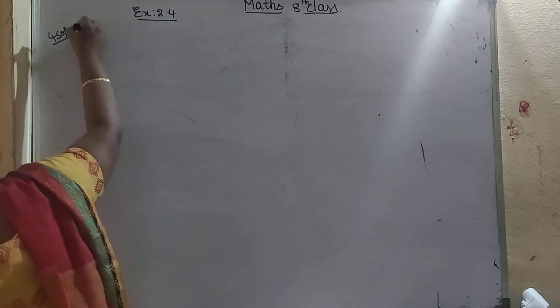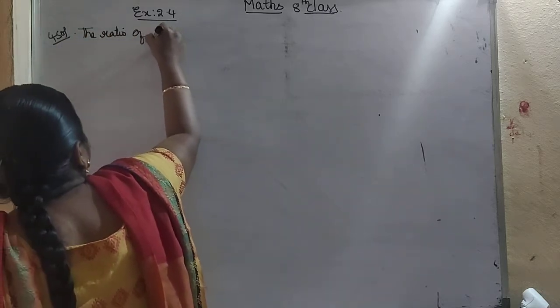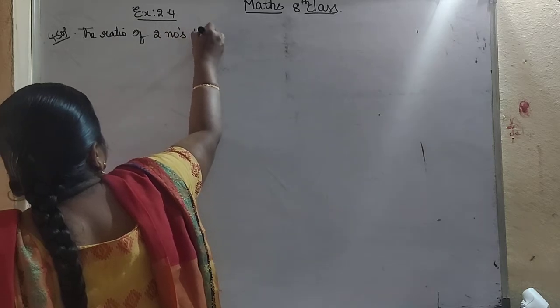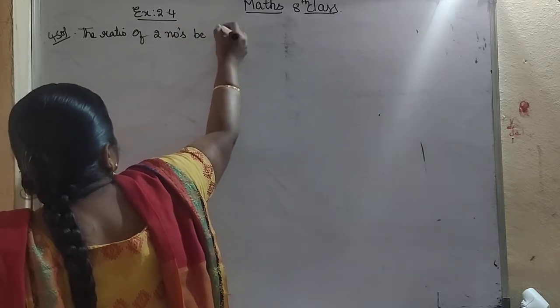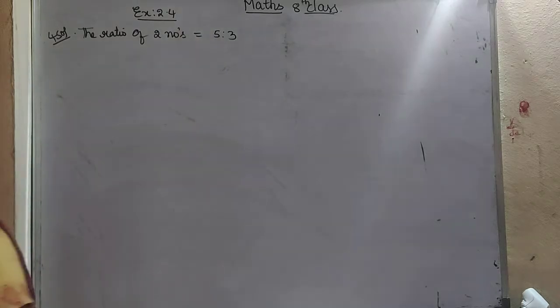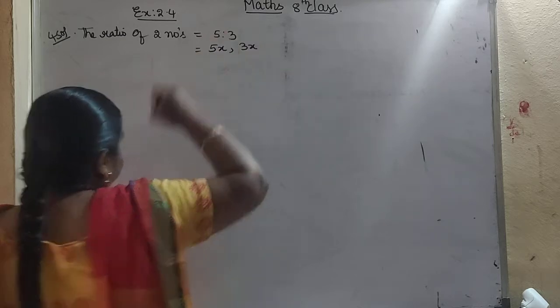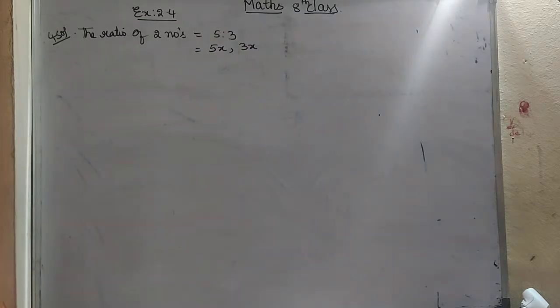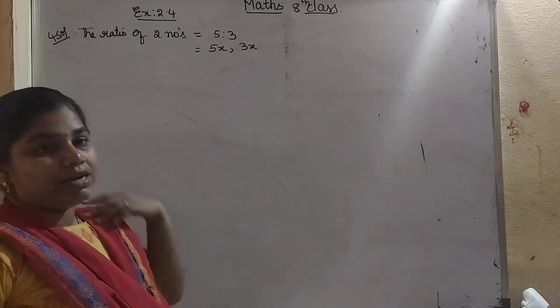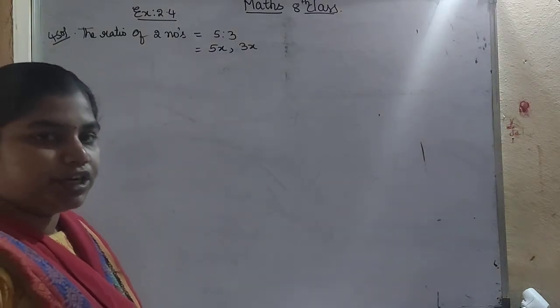So what is the ratio they gave? The ratio of the two numbers is 5:3. So we can write this as 5x, 3x, because I told you the result will be in the form of multiples of the given ratio.